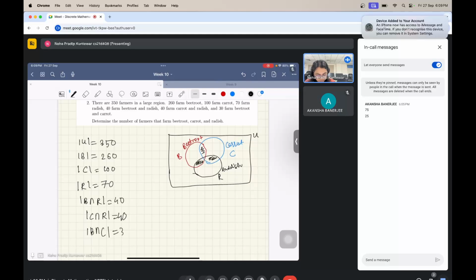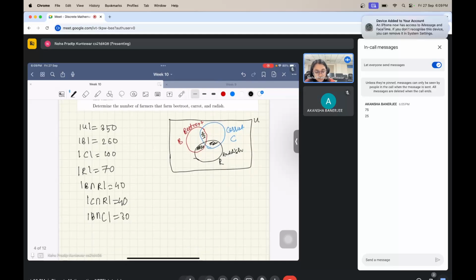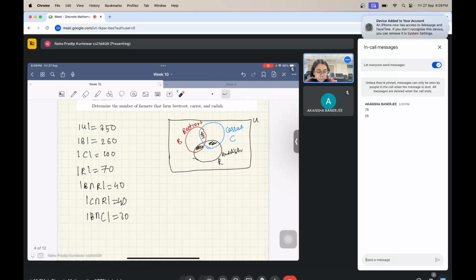is given as 30. So what you want to find is the number of farmers that farm beetroot, carrot and radish, all of them. So that is the area in the intersection of all the three sets that you want to find.